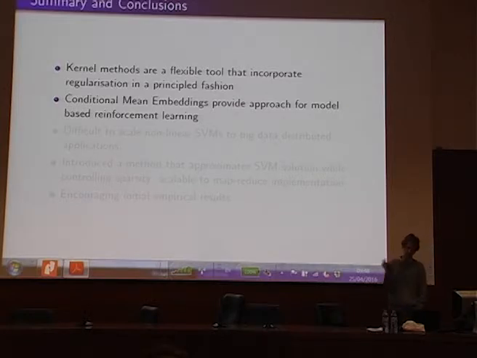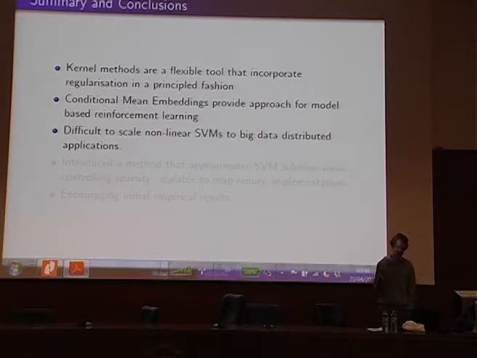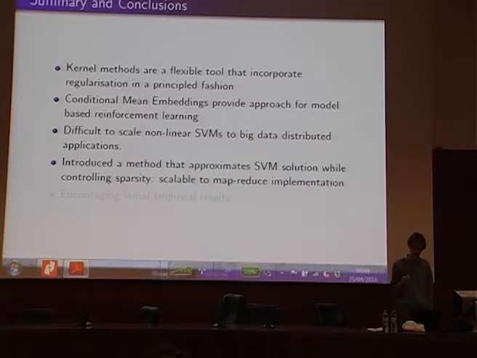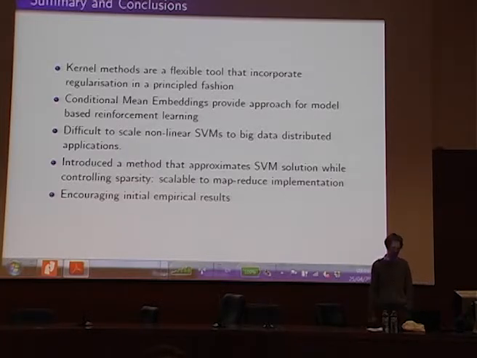I described the conditional mean embeddings approach to model-based reinforcement learning, highlighted the difficulty of scaling nonlinear SVMs to big data in distributed applications, and then introduced this method of approximating the solution by controlling the sparsity in a way that will be scalable to MapReduce implementations, and giving you some pretty modest but initially encouraging empirical results. So that's the talk. Thank you.